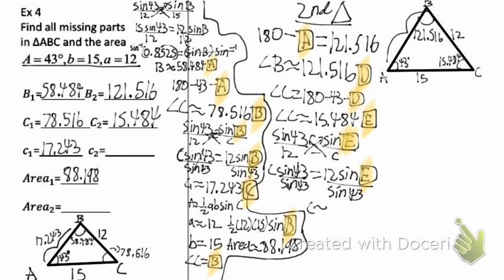So C approximately equals 4.698. So C2 equals 4.698.